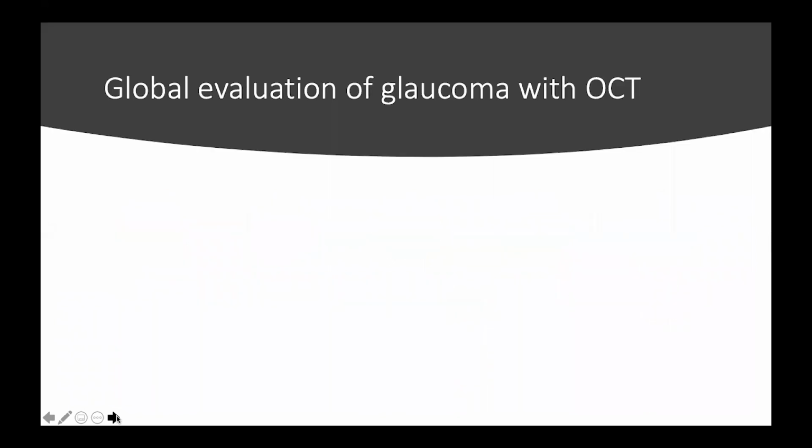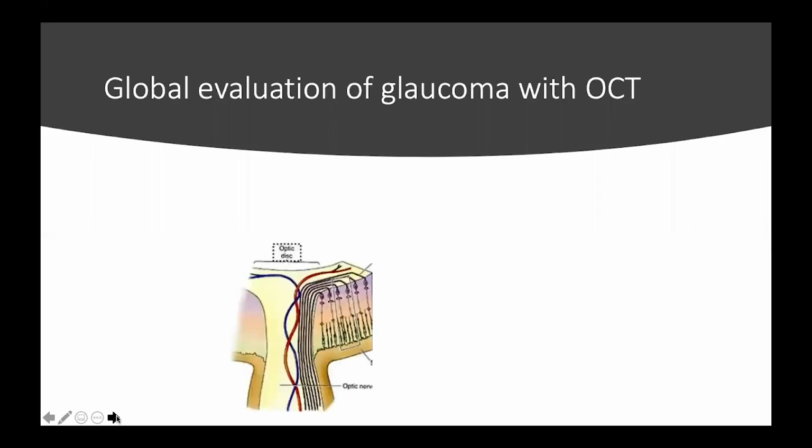So now with OCT, we can do a global evaluation of glaucoma, a complete evaluation, and that's very important. We know that glaucoma happens at the optic nerve head, especially at the neuroretinal rim, in which we can see mainly the retinal ganglion cell axons.